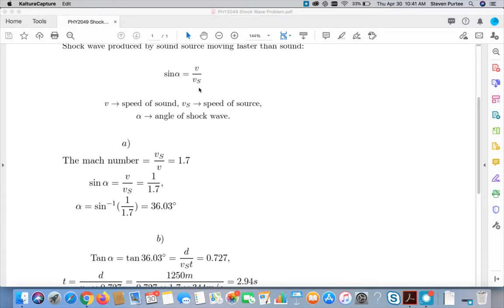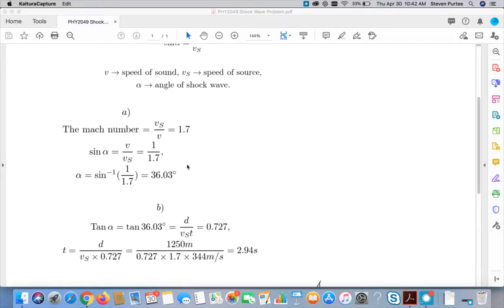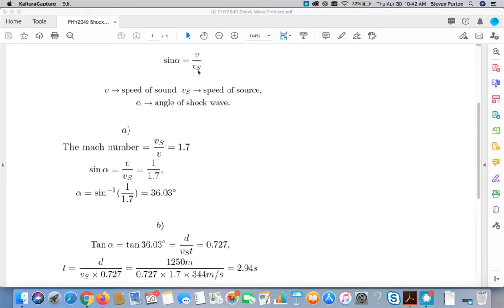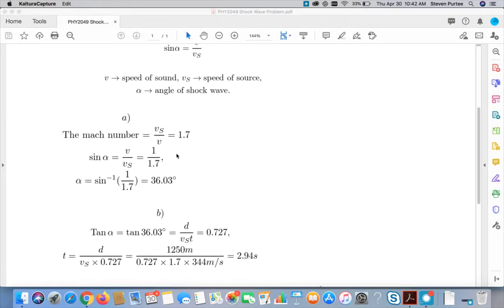That's how many times faster than the speed of sound you're going. So this plane is going 1.7 times the speed of sound. That's the definition of Mach number. It's just the reciprocal of this fraction. So flip that over and solve for alpha. We get alpha is 36 degrees.